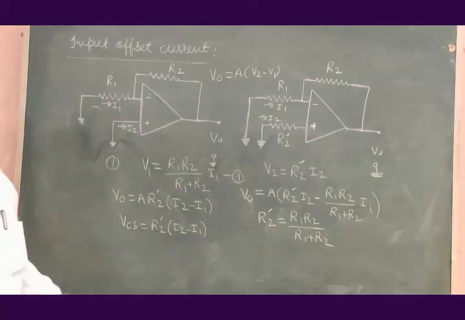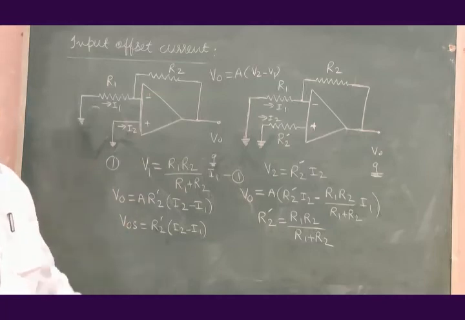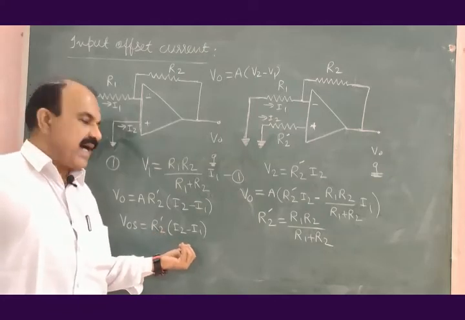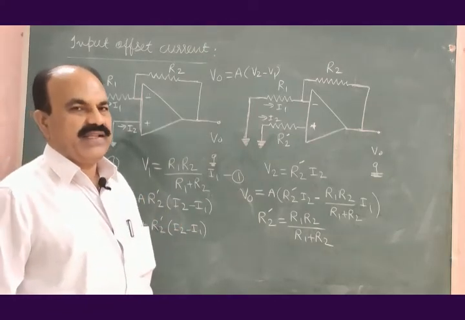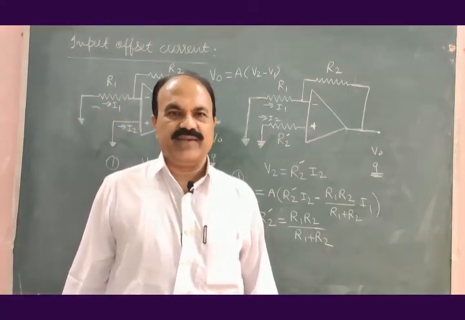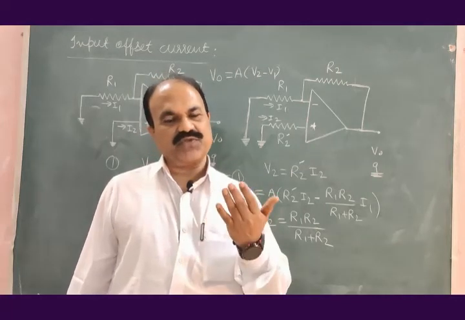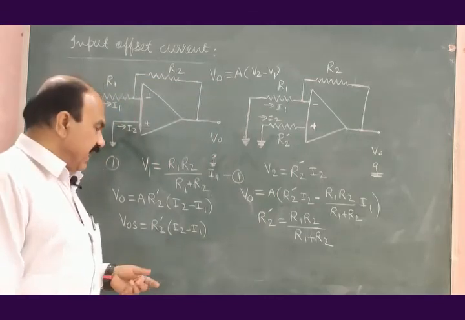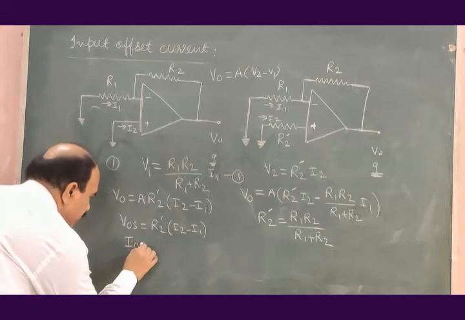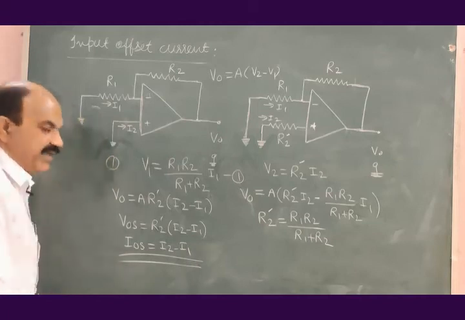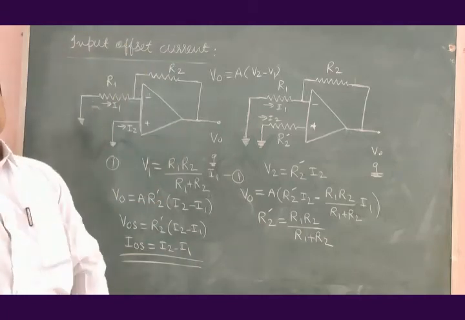This is the input offset voltage, given by R2 dash into I2 minus I1. And we know how to handle the problem of input offset voltage. We can use the method we used to handle the problem of input offset voltage when we got this equation. And IOS, which is equal to I2 minus I1, is known as input offset current.